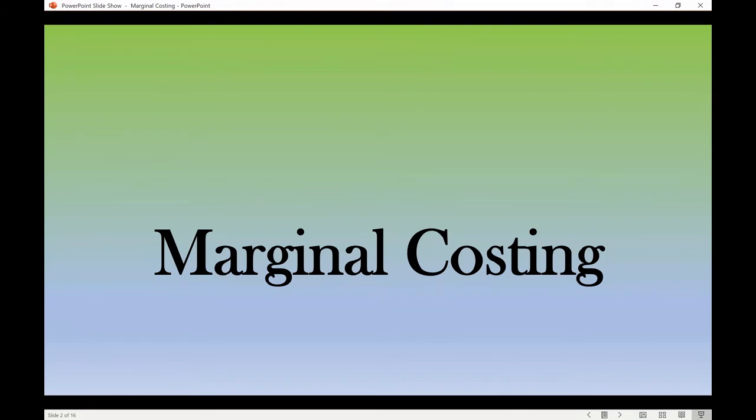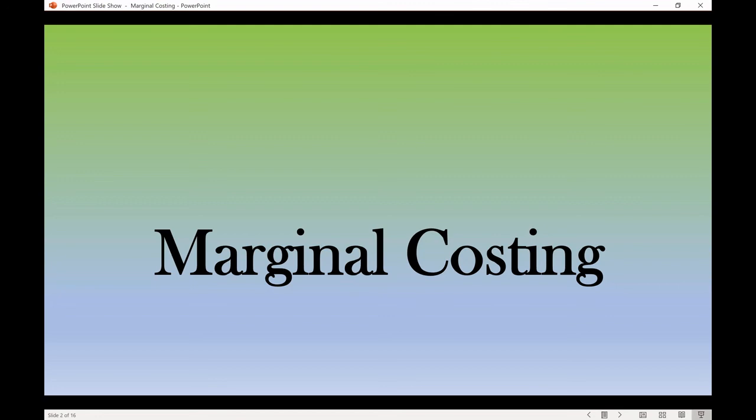Two other points under marginal costing that I want you to be mindful of: repeating it, marginal costing assigns only variable manufacturing overheads to products. To find your product cost, it is your direct materials, your direct labor, and your overheads.